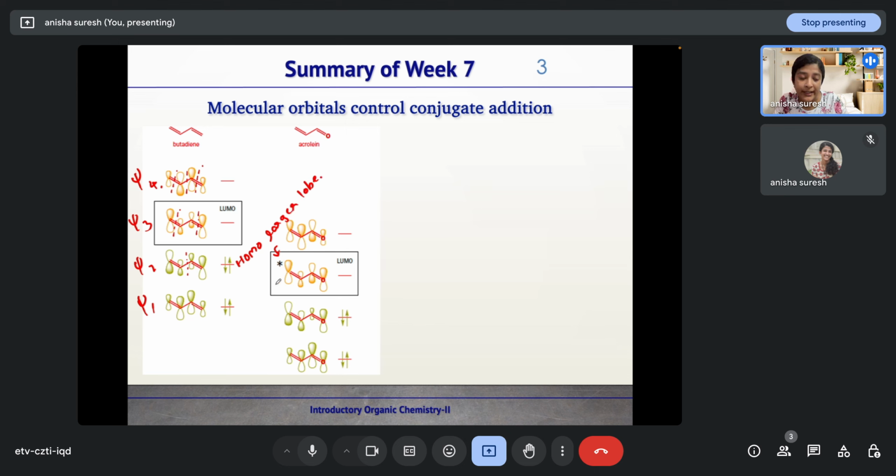So when the nucleophile comes, it can overlap with this larger lobe and thus form this new sigma bond. So when we consider orbital contribution, then 1-4 addition might be favored.